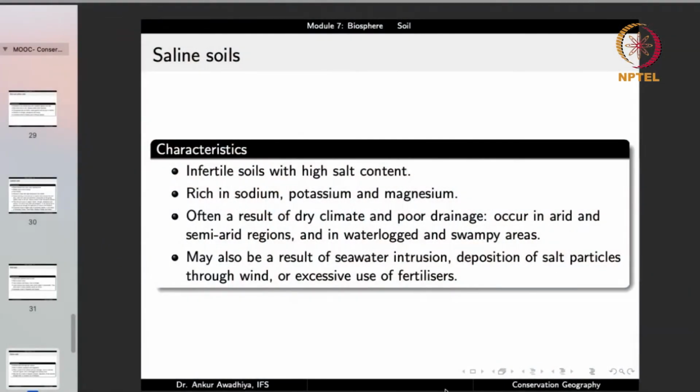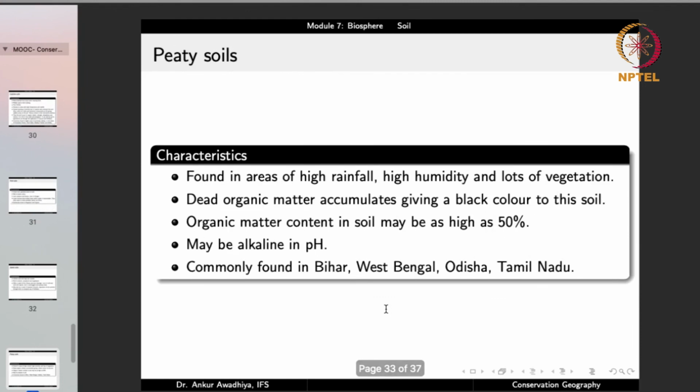And with time, this soil will become more and more salty. It can also become salty if people apply too much fertilizer, especially chemical fertilizers. And once the soil is very salty, plants are unable to absorb moisture because the osmolarity goes haywire. And so they are very poor in fertility. They may also be a result of seawater intrusion, deposition of salt particles through wind, or excessive use of fertilizers.